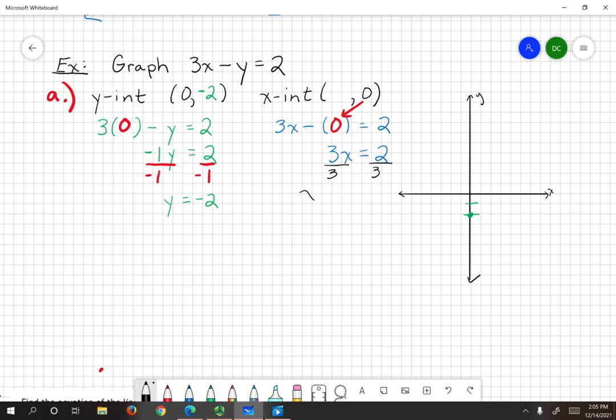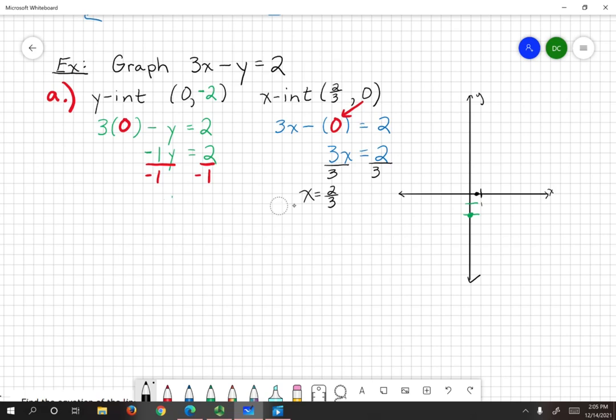X is equal to 2/3. That's kind of tricky to graph, isn't it? Let's try it. 2/3 would be 2/3 of the way between 0 and 1. It'd be about here. Nah, I'm not loving this. Sometimes intercepts, when they give you fraction answers, kind of stink. I don't know. I'm not impressed.